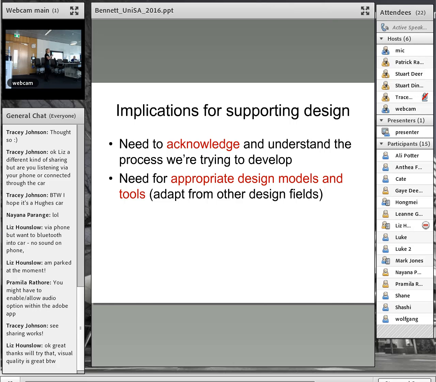So those are some of the kinds of tools, but there's also this idea of a design model. Now, research on instructional designers has shown that the way an experienced instructional designer works is that they don't follow a model like Merrill's model or ADDIE. They have in their heads a heuristic.